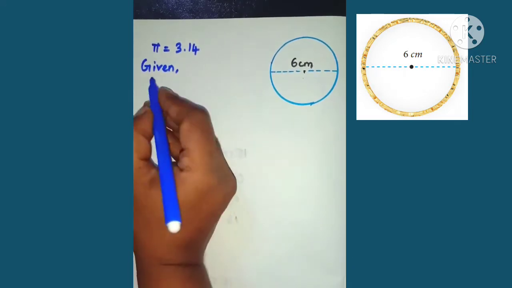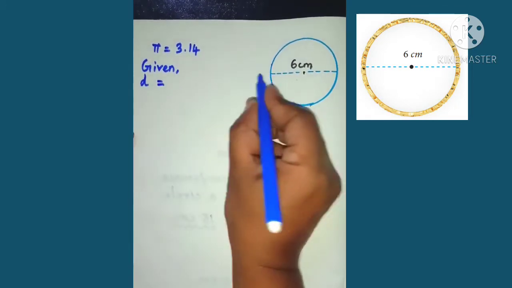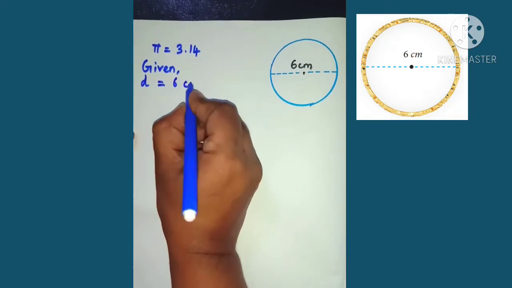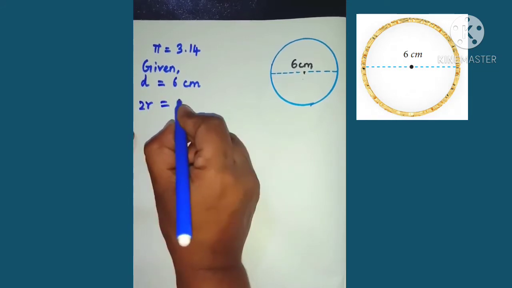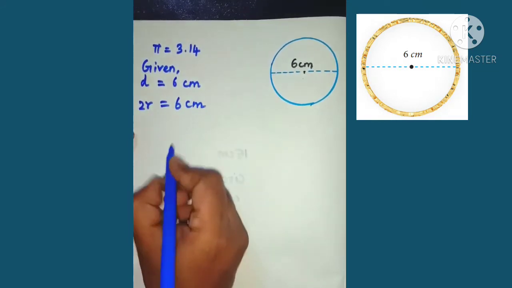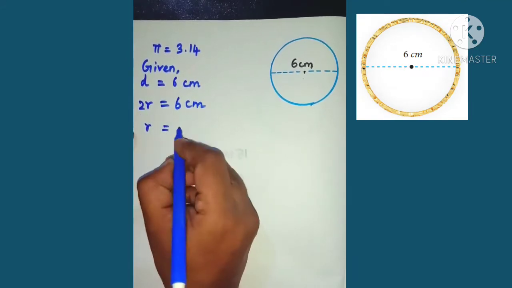So here the given value is d, that is the diameter, which is 6 centimeter. But we know that what is the diameter? Twice r is equal to 6 centimeter. So to find the radius, bring 2 to the other side.